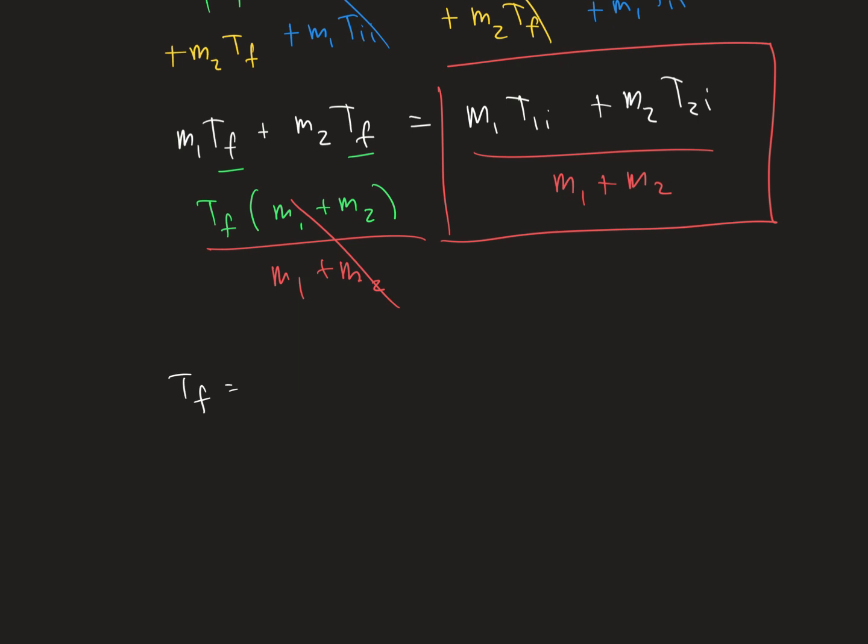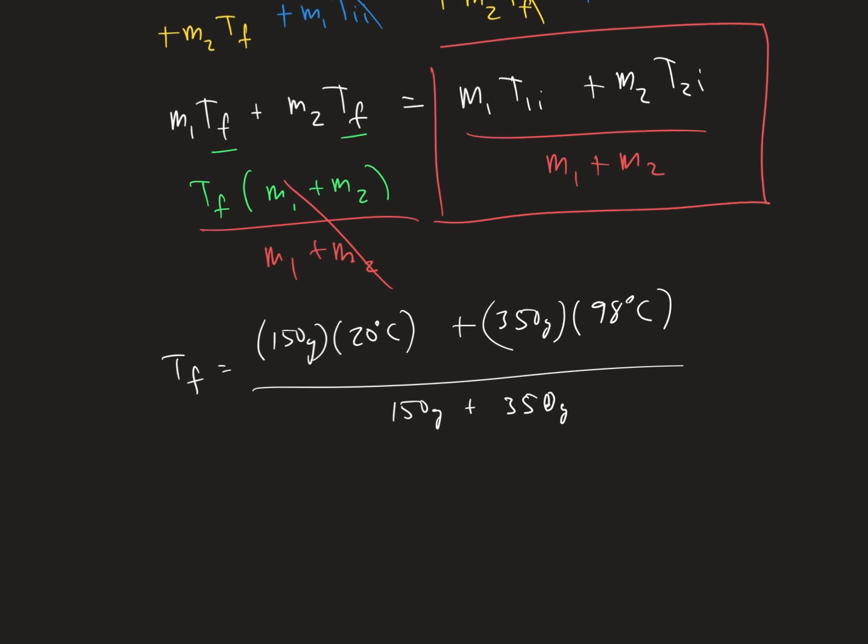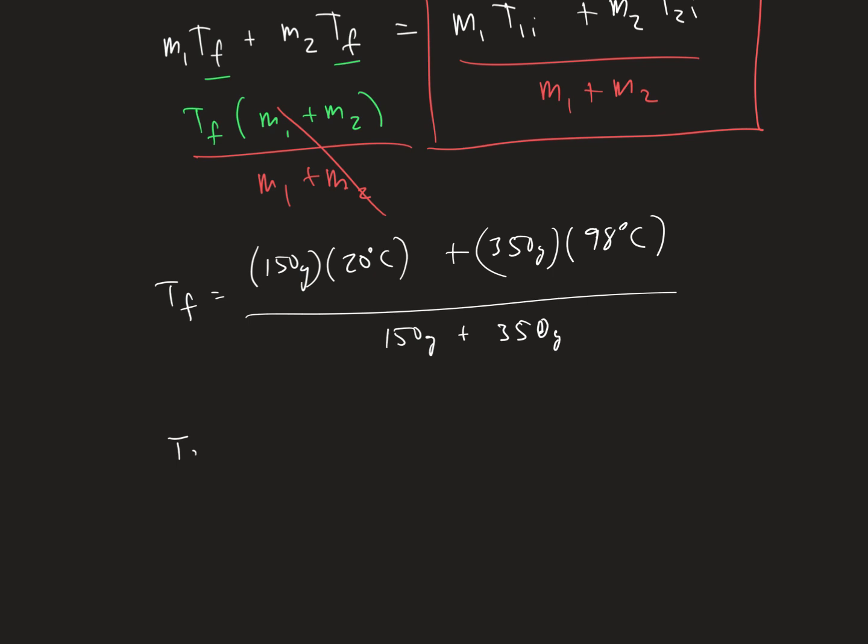That's going to equal M1, which is 150 grams, times the initial temperature of our first flask, 20 degrees Celsius, plus M2, which is 350 grams, times the initial temperature, 98 degrees Celsius, all over M1 plus M2, so that's 150 grams plus 350 grams. And we math it out, and we get 74.6 degrees Celsius.